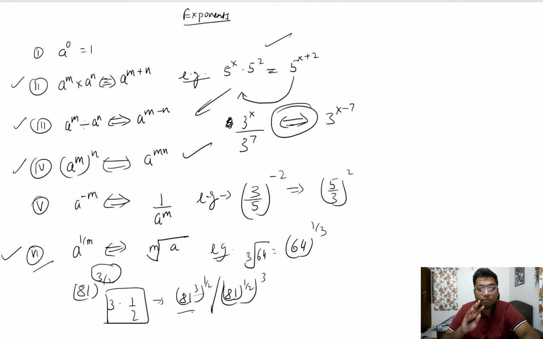It's a proper perfect number, right? It's 9. But if you cube 81 and then try to find the square root, it's just the sequence. You are cubing first and then going to the square root, or you are square rooting first and then going for the cube. I would suggest the second option, because the square root is a clear case and it's a very, very easy thing to know. So 81 to the power 1 by 2 is 9, and 9 to the power 3.